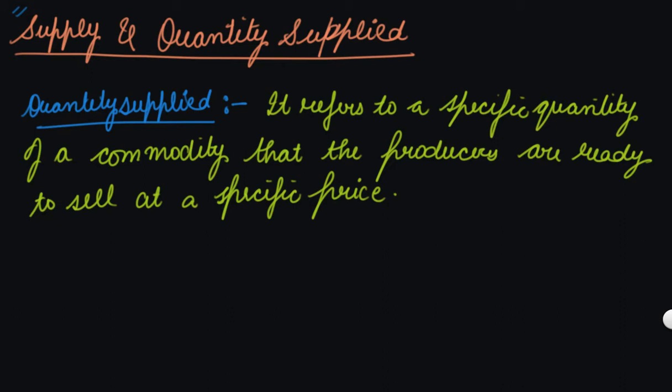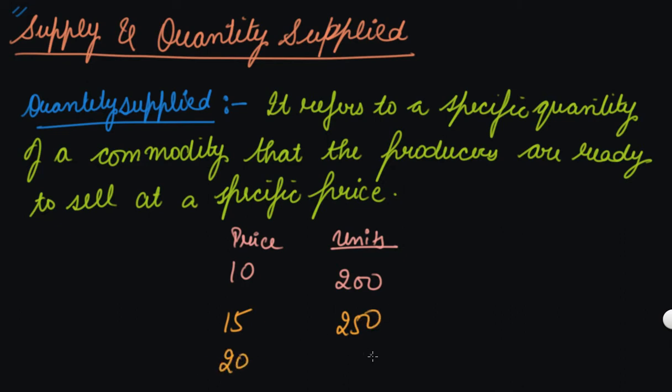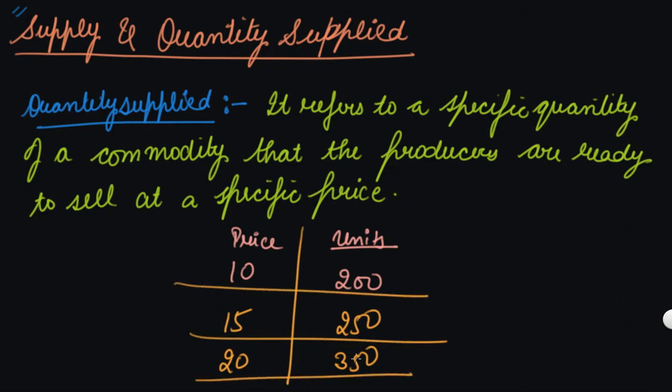See, let's say the price is 10, the units supplied is let's say 200. The price becomes 15, it becomes 250, then 20, it becomes let's say 350. So A, B, C. So these A, B and C combinations are the quantity supplied. Like the specific price is 10 rupees, the units supplied is 200.